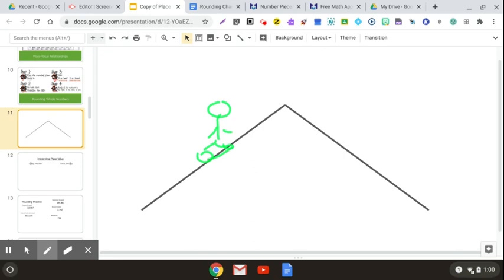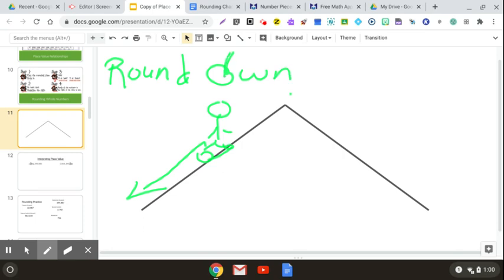What's going to happen to you? Are you going to disappear? No, you're going to go down the hill, which is why we say you round down. Because it's like you're falling down a hill.